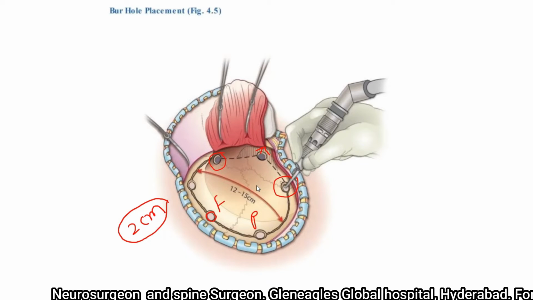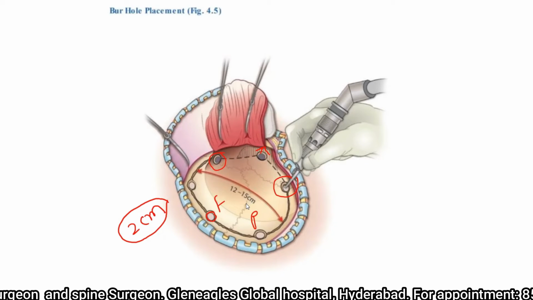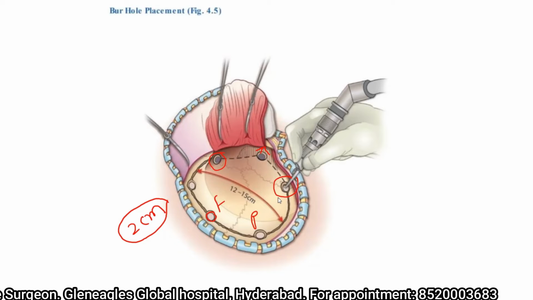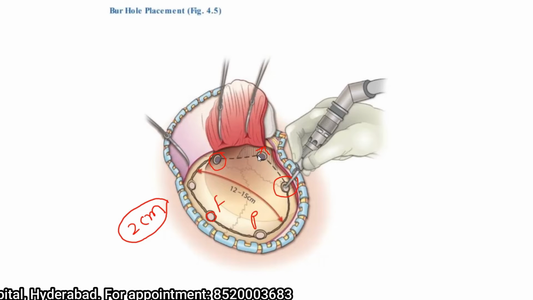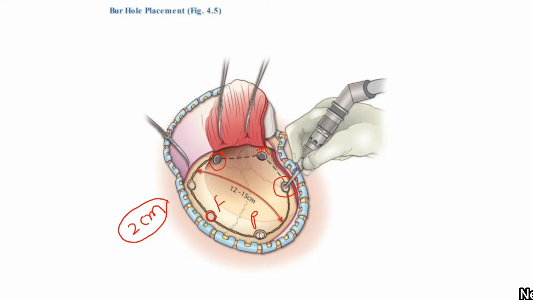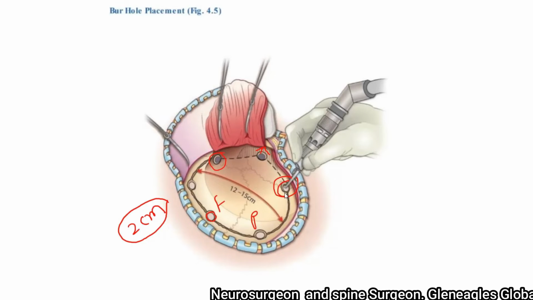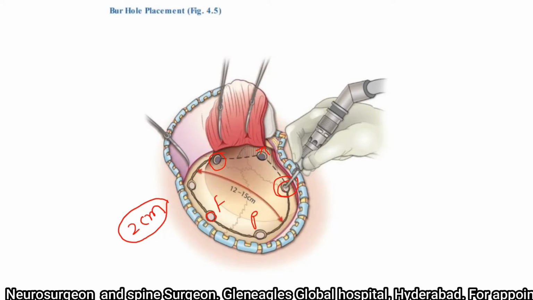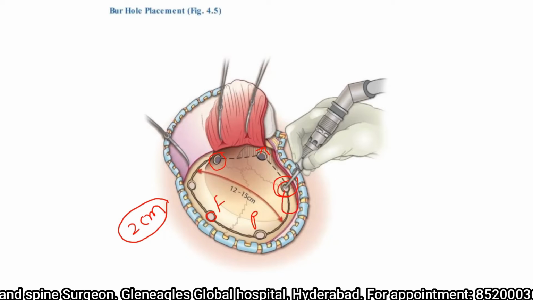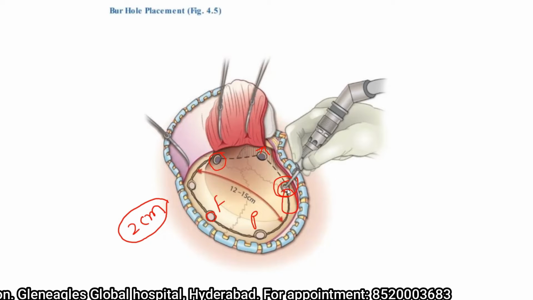Once a sufficient number of burr holes are placed, a number 3 Penfield is used to strip the dural attachments from the undersurface of the calvarium. Many surgeons are able to complete the craniectomy with a single burr hole, but I prefer to place these burr holes so that at each one I use a periosteal elevator, a number 3 Penfield, to strip the dura mater from the underlying calvarium, and also to some extent along the line of craniectomy.